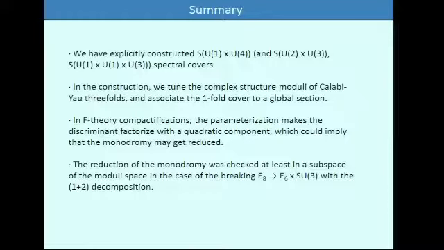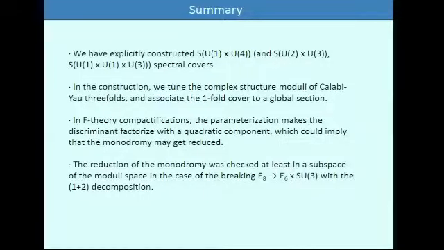In order to construct these spectral covers, it is very important to change the complex structure moduli of the Calabi-Yau to another section, because we associate a one-fold cover to the other section. And in the F-theory computation, if we use this parameterization, then the discriminant of the defining equation gives a quadratic component, which may imply the reduction of monodromy.